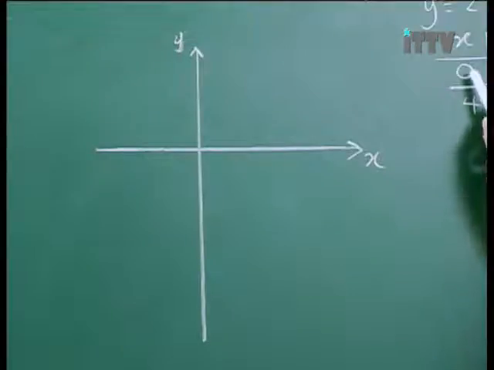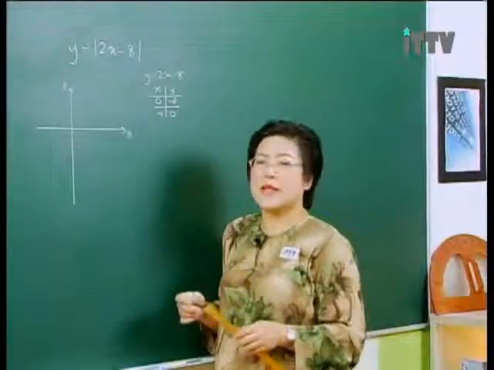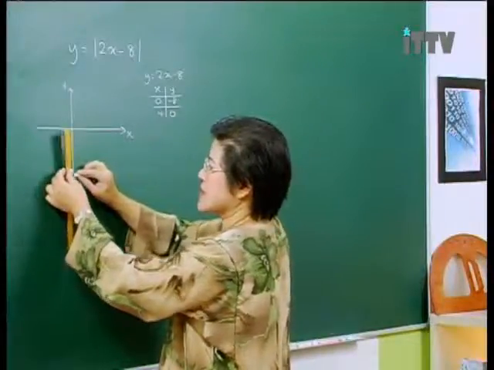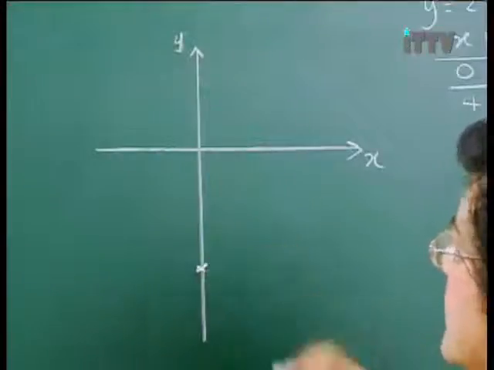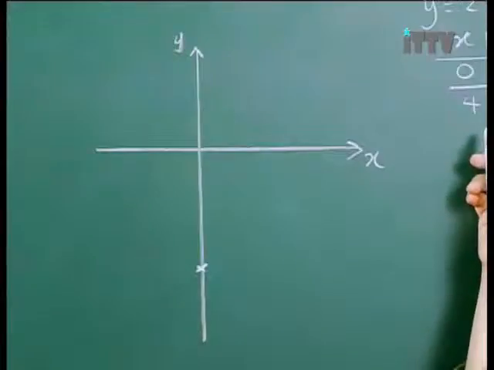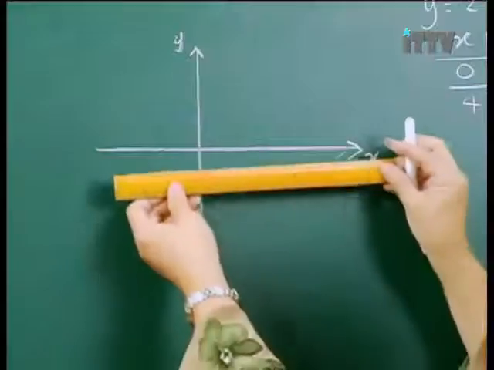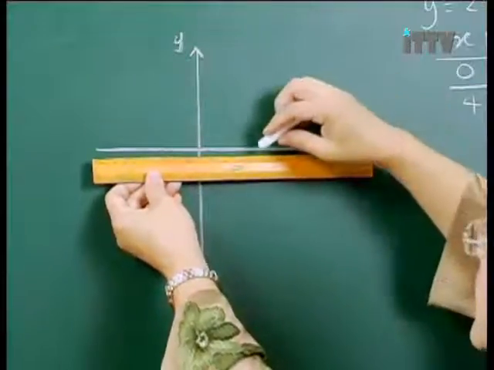When x is equal to 0, y equals to negative 8, places the point approximately at this location. And when x is 4, y is 0, that would place the point at approximately this location.